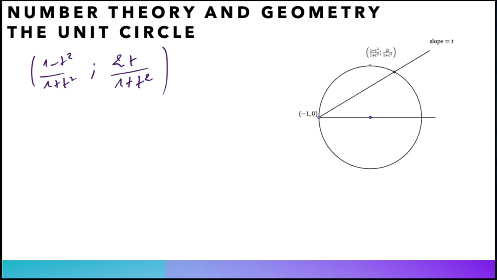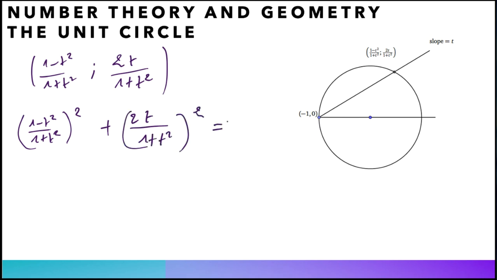Now, the fact that the second point of intersection of this line has these coordinates gives us the equation ((1 minus t squared) over (1 plus t squared)) squared plus (2t divided by (1 plus t squared)) squared equals 1. This is actually equivalent to the fact that this point is on the unit circle.